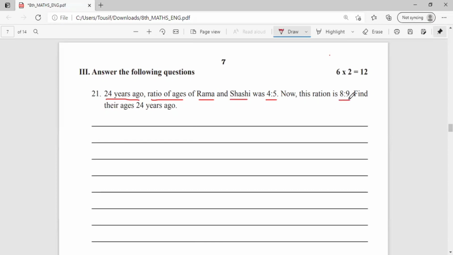There are many ways to solve this, but I'll be solving in a different way. I'm going to consider the present values. So let the present ages of Rama and Shashi be 8x and 9x.